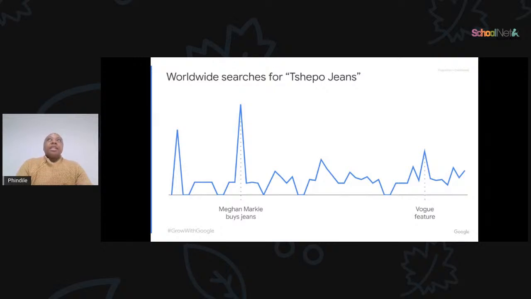You see, as human beings, we are inquisitive by nature. So people started asking questions like, who is Tsepo jeans? What is the story behind the brand? And how do you get to buy these jeans? So people became curious, and they all went and searched for these jeans. And I'm sure that increased sales for Tsepo jeans.